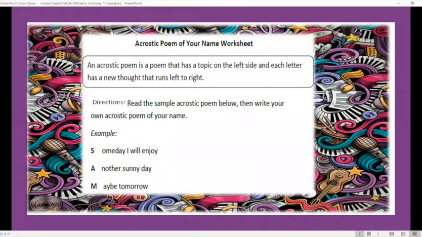Any poem, whatever you've learned about rhyming poems. An acrostic poem, you can always delay it and send it to me. But if you have something you want to share now, we don't have to end the lesson, guys. I'm still here. If you type it in the chat, I can read it aloud.